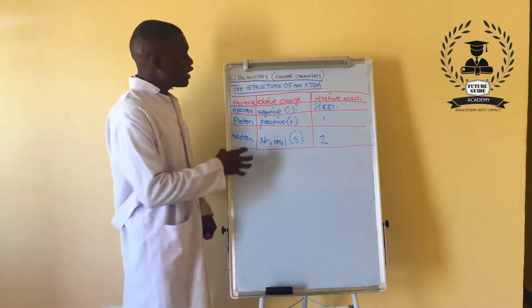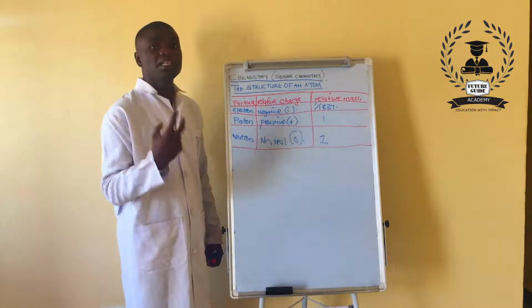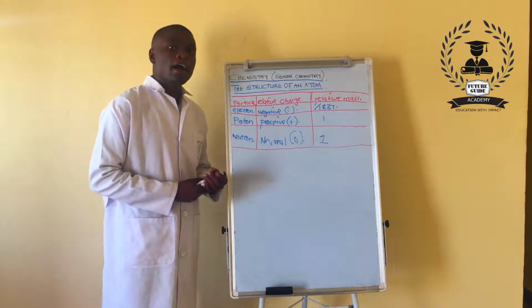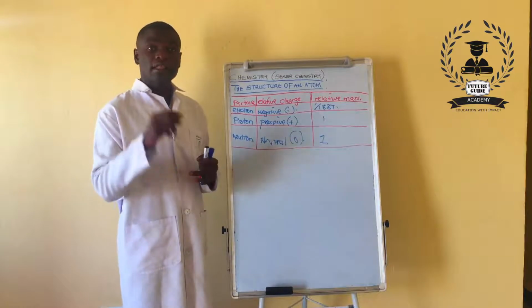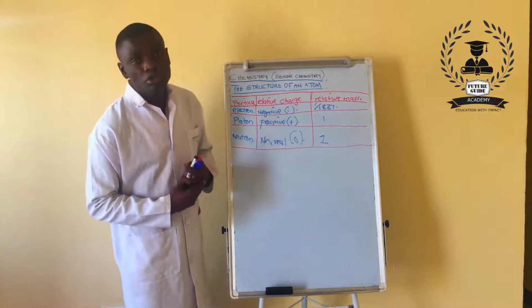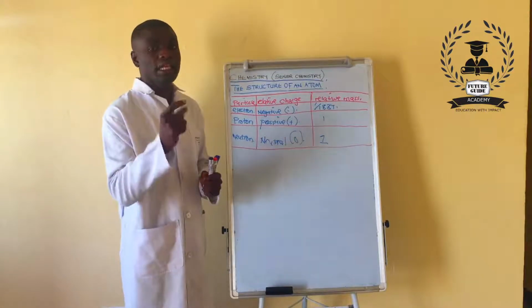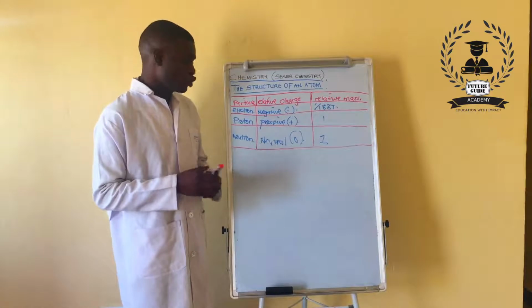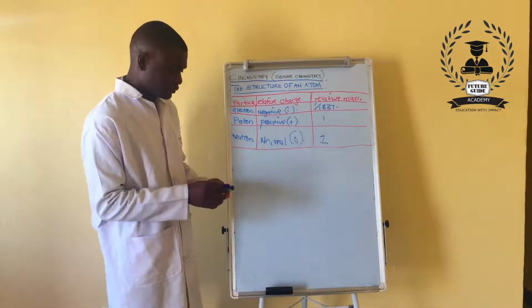Now, as we have identified the relative charge as well as relative mass, there is something now that you are supposed to know. How do we know the number of protons, the number of neutrons, as well as the number of electrons in any element? Now, this is what you are supposed to know.